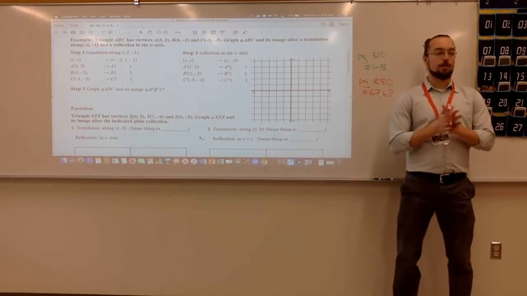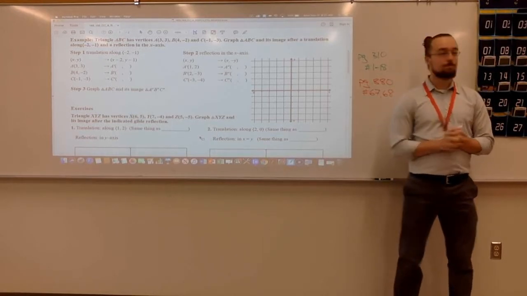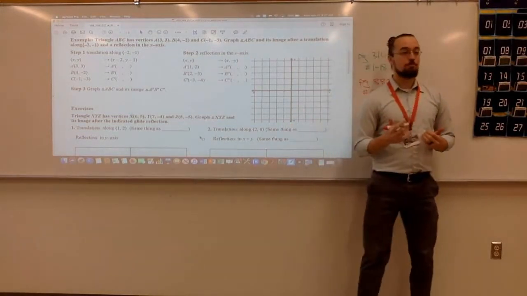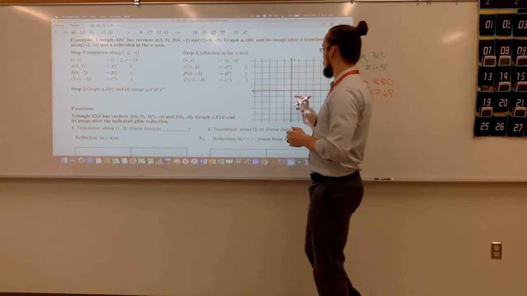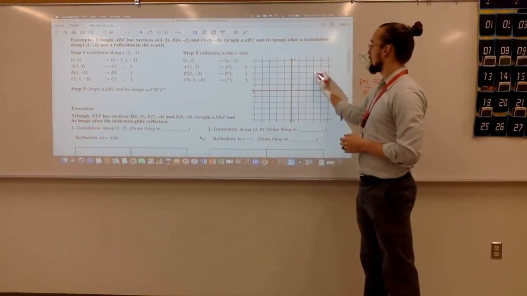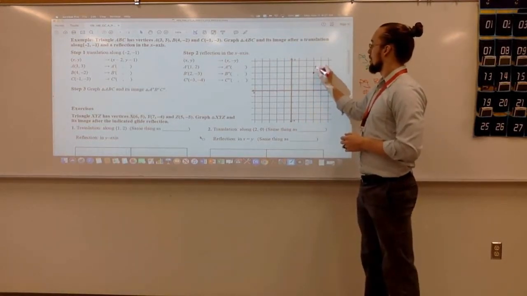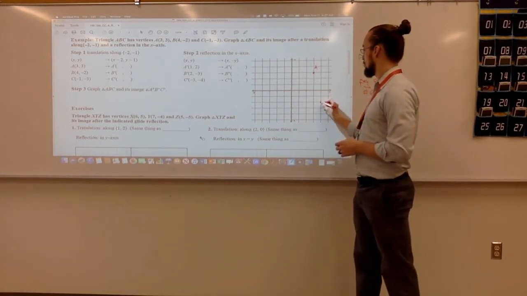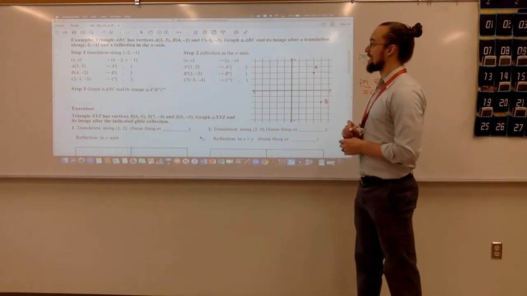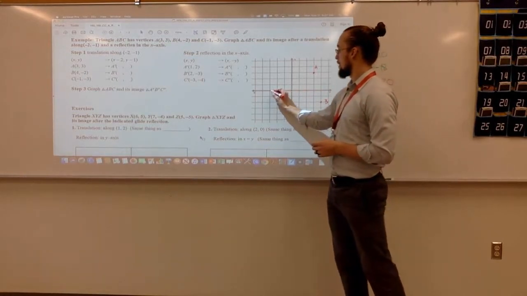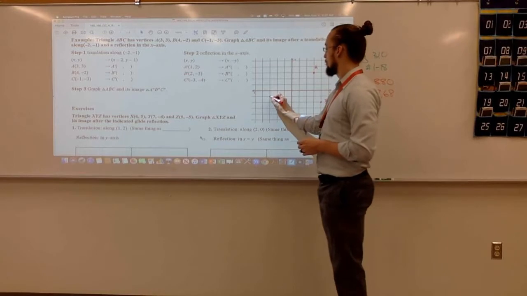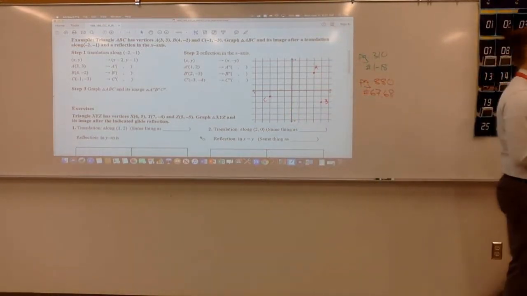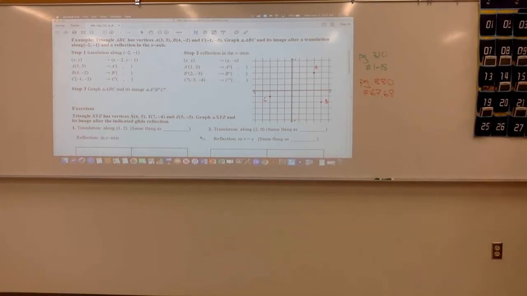A is at 3, 3. B is at 4, -2. And C is at -1, -3. So here is my original triangle.